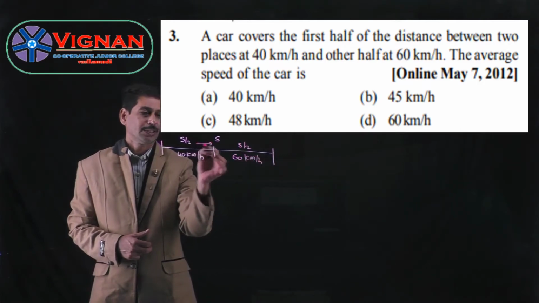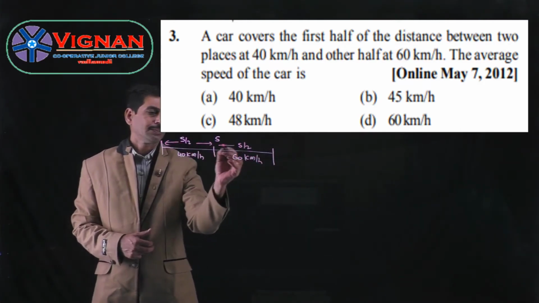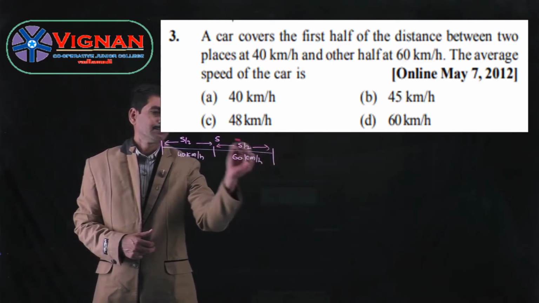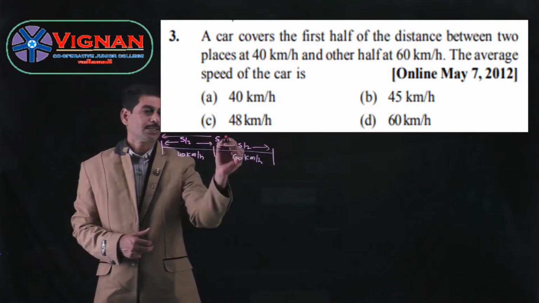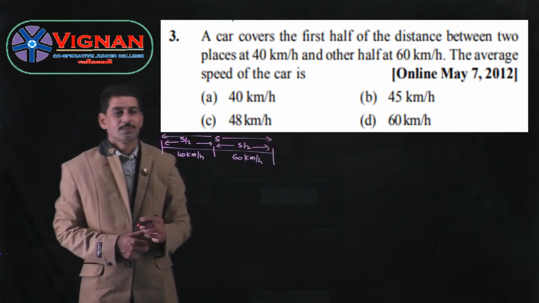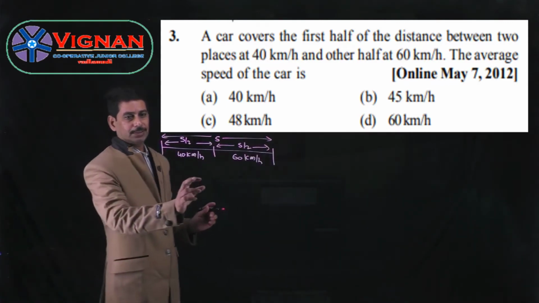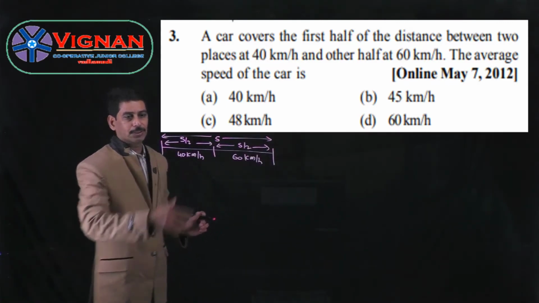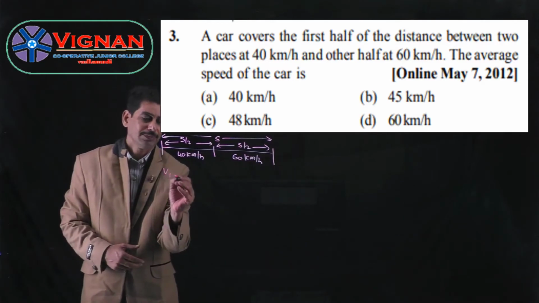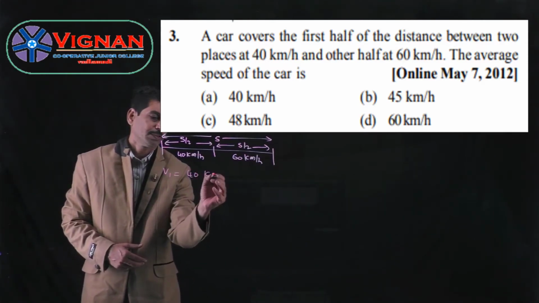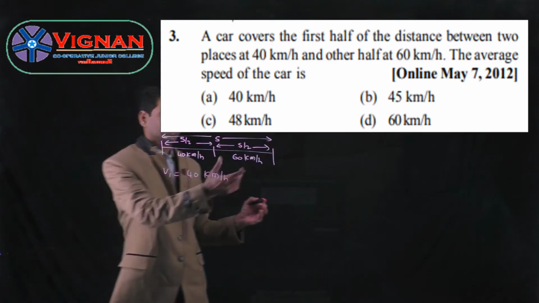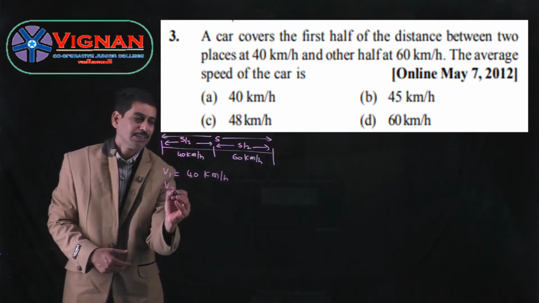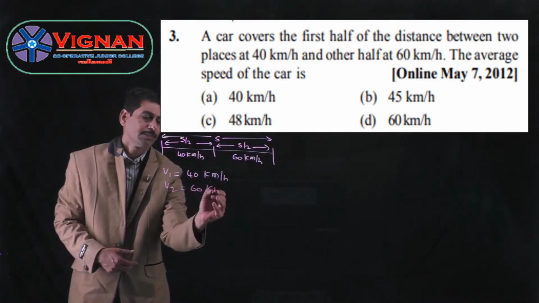So this is the first half and this is the second half, and this is the total distance we are considering as S. So the car covers the first half of the distance with a velocity 40 km per hour, that is V1 is given as 40 km per hour, and it covers the second half of the distance with a velocity of 60 km per hour.